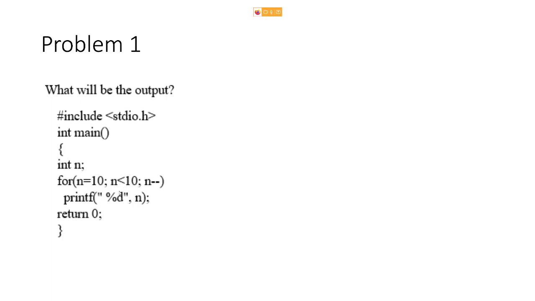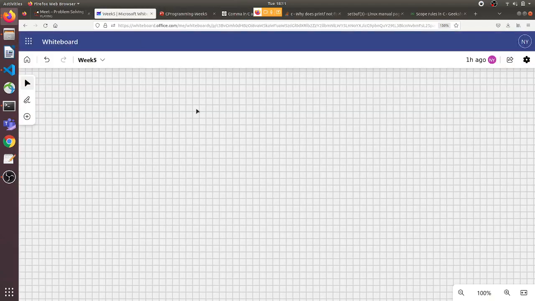So I'll write it also. When we have a for loop, like in this case, sorry, it's n plus plus. I'll just tell here what is usually the flow of statements.